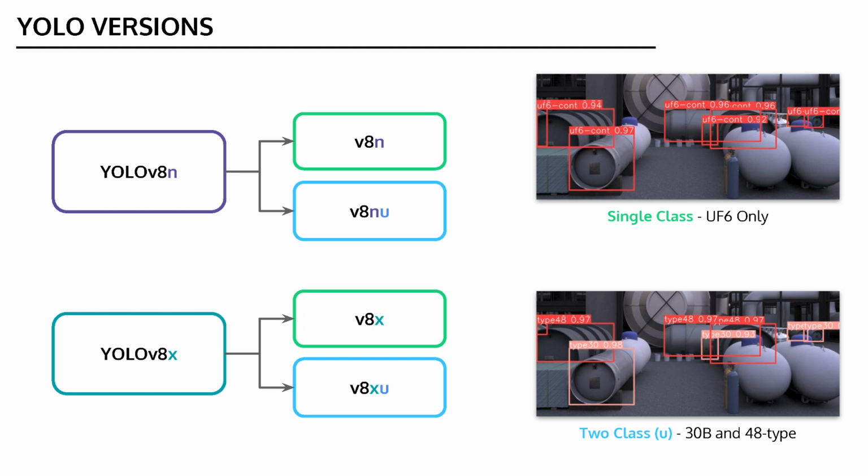So even though we have type 48 and type 30, we have combined them into one single class as uranium hexafluoride container. And then in the second case, we have 2 classes: the 30B and the type 48 classes being separated. So we have 4 models at the moment that we are going to compare going forward.